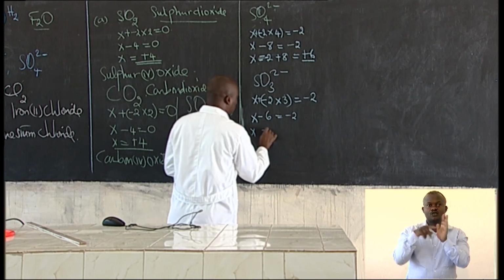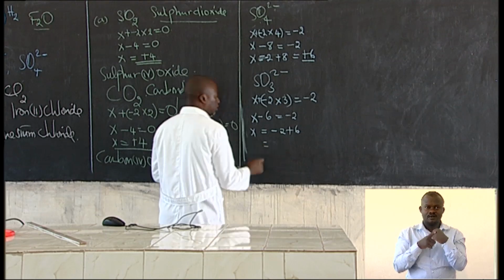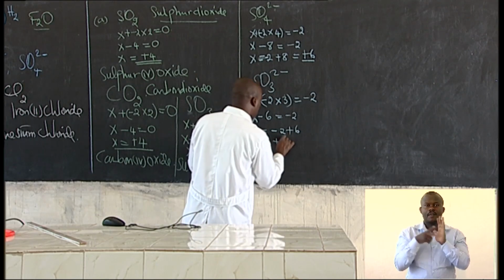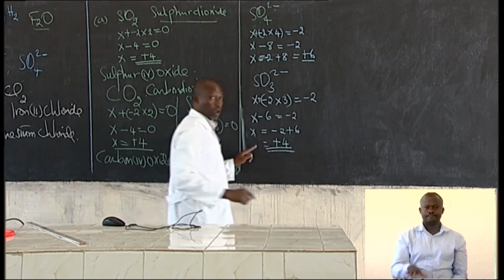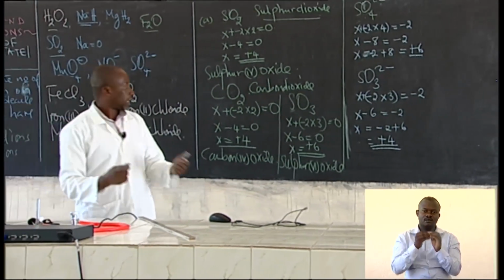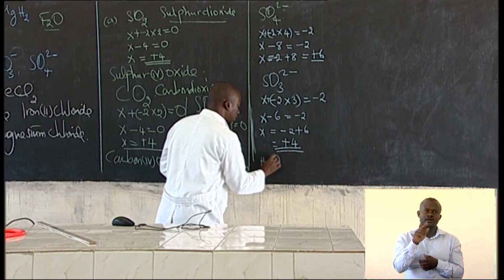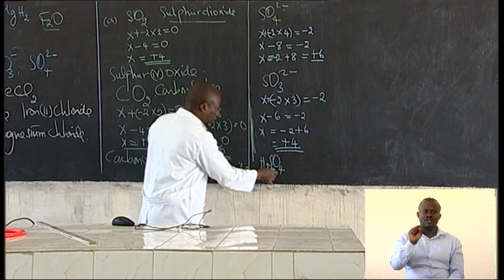So X will be equal to -2 plus 6, which is +4. That's how we calculate these oxidation numbers. So we can calculate the oxidation number of this molecule, which is sulfuric acid.